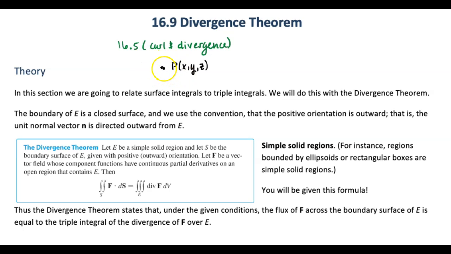Maybe this is a faucet, and I've got water flowing out of this faucet, if I'm simplifying this faucet to be a point. Well, the divergence is the tendency of these particles to move away from each other as the water flows, so to move away from this point. So the divergence of this particle might look something like this.